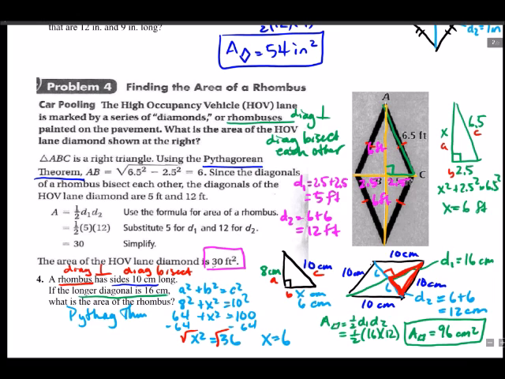So a, b, c, Pythagorean theorem, I find out that x equals 6. So I have 6 centimeters here. I know that this is 6, and I know because my diagonals bisect, this is also 6. So diagonal 2 is 6 plus 6 is 12 centimeters. I now have two diagonals. The area of my rhombus, 1/2 D1, D2, do the math, comes out to be 96 centimeters squared.